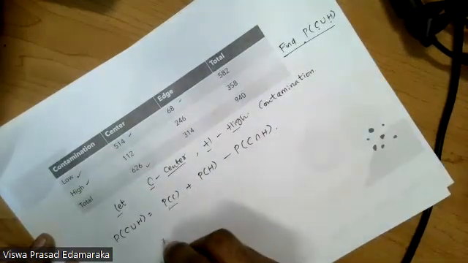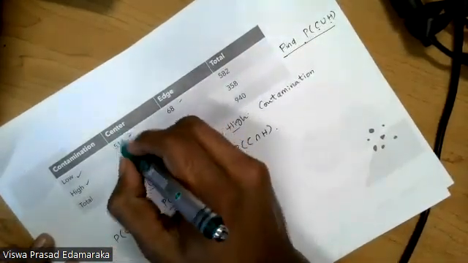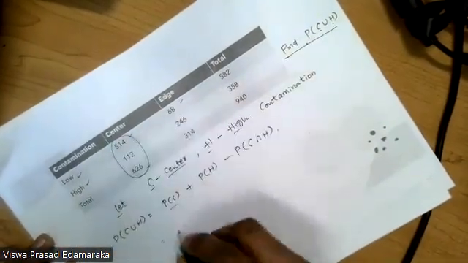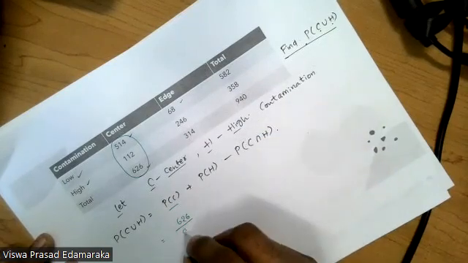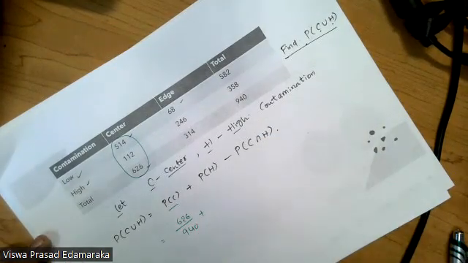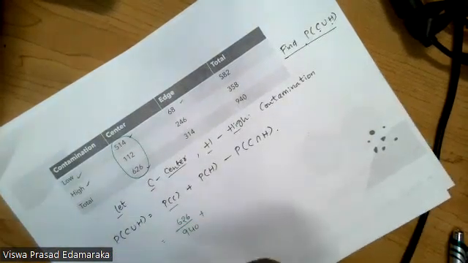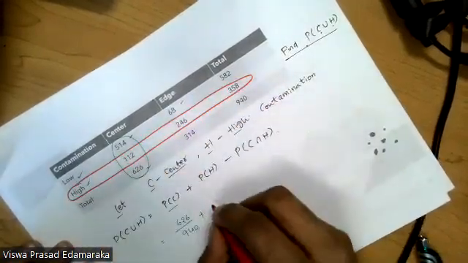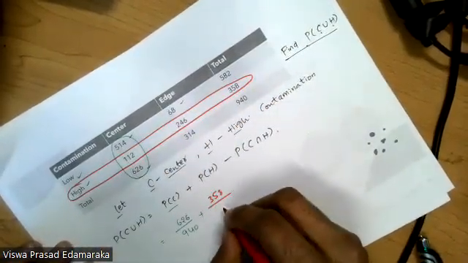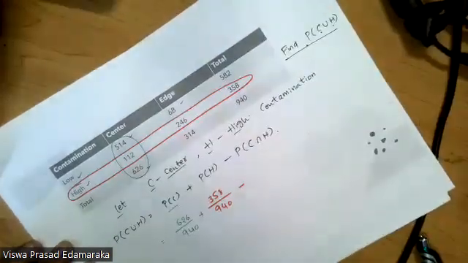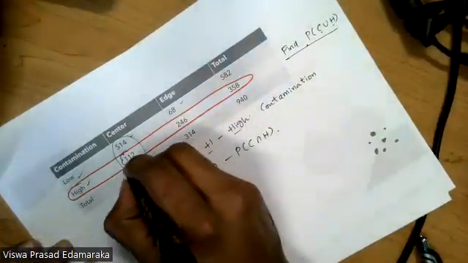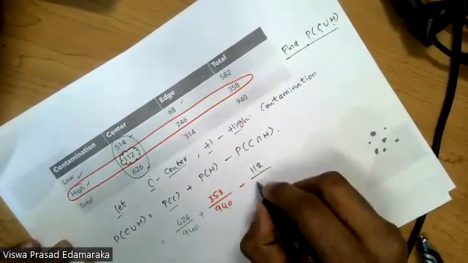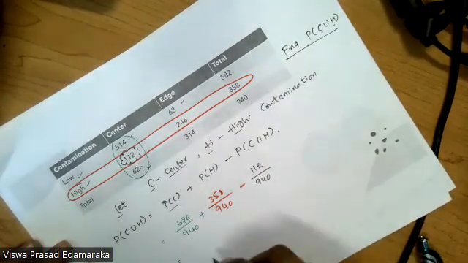What is P of C? P of C is favorable condition by total. This is P of C: 626 divided by total 940. What is H? H denotes this one: 358 out of 940, minus the intersection point for center and high, that is 112 divided by 940.